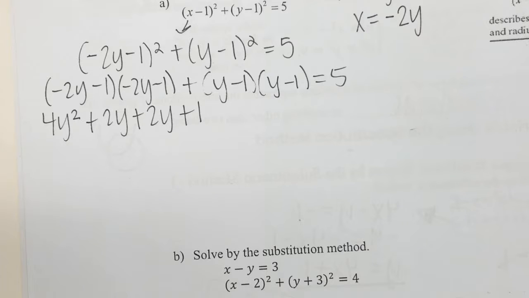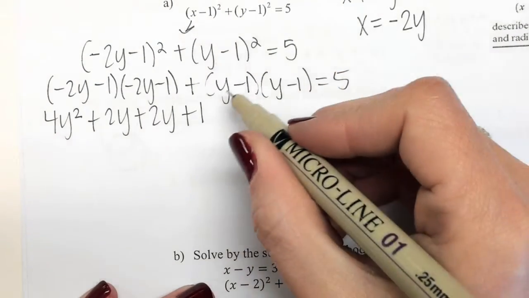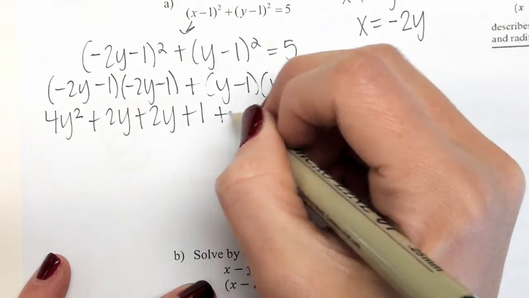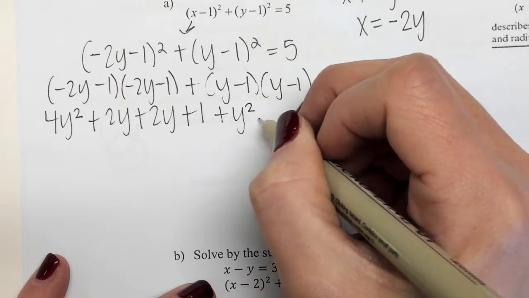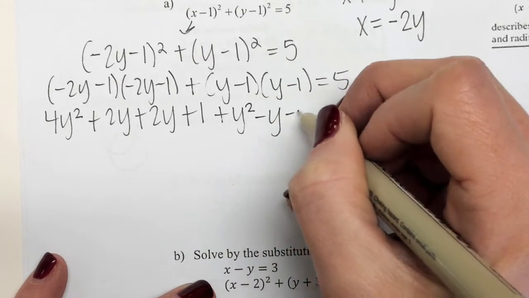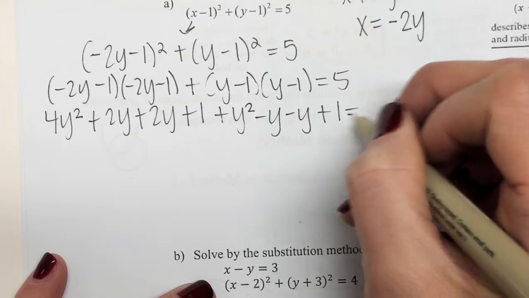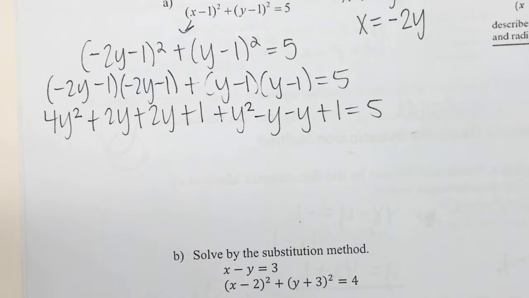Any questions about how to fold that? Cool. Alright, what about this fold? What are my first terms going to be? And my outer? And my inside? And my last? Good. Not hard, just a little bit longer than the other one.